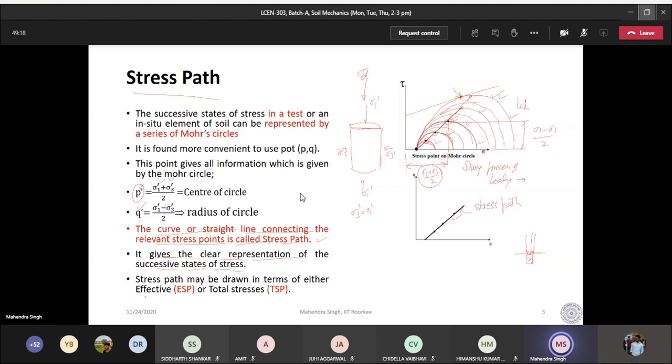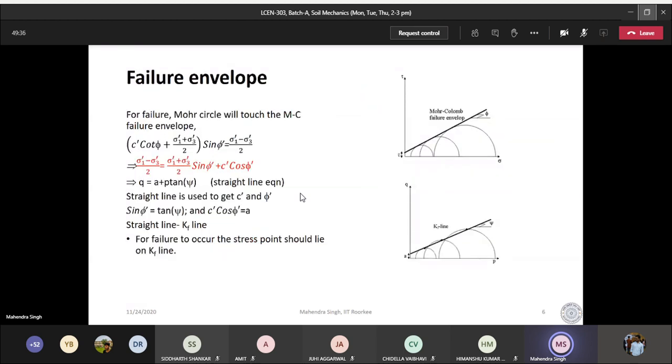And you can draw it in terms of effective stresses, or you can also draw it in terms of total stresses. So this is nothing but what we already discussed. P and Q, we have plotted it, and from there we in fact obtained the shear strength parameters.